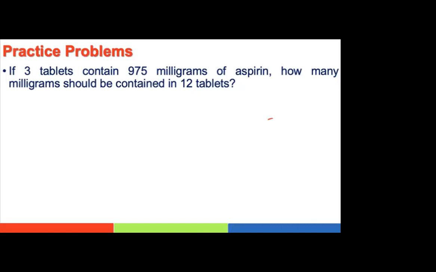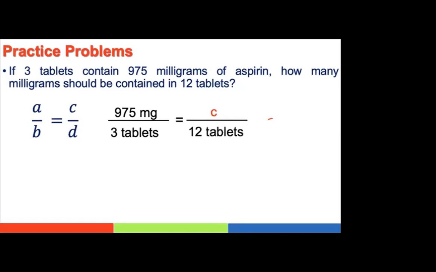So, 3 tablets divided by 975 or sabi ko sa inyo, bahala kayong mag-assign. 975 milligrams, may A over 3 tablets equals C over 12 tablets.